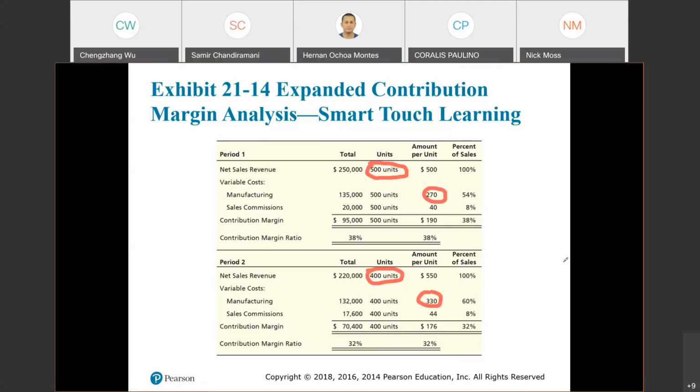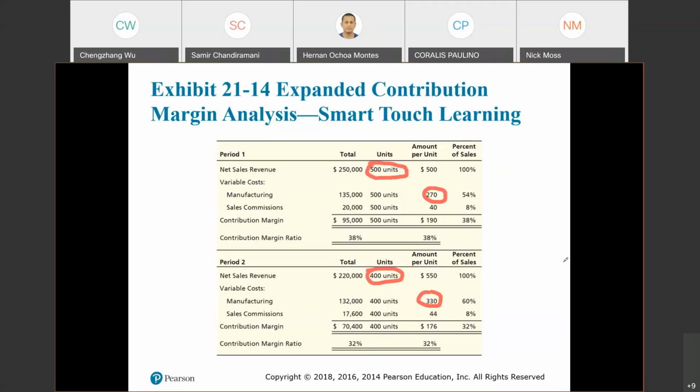So why is that? Actually, this is because of a volume effect and a price cost effect. Further investigation revealed that the direct material cost increased by $60 per tablet, causing the variable cost to increase from 270 to 330 per tablet.